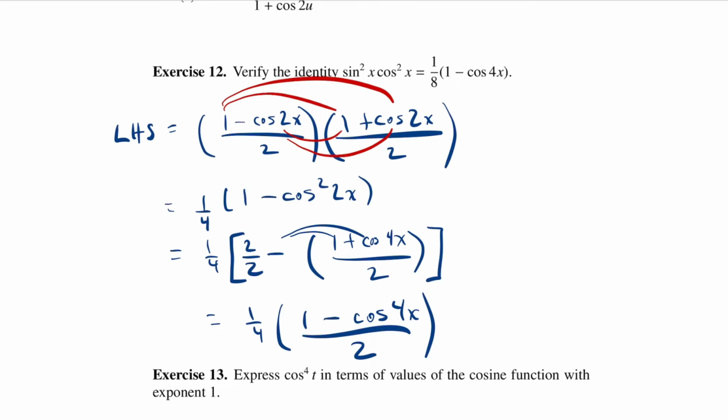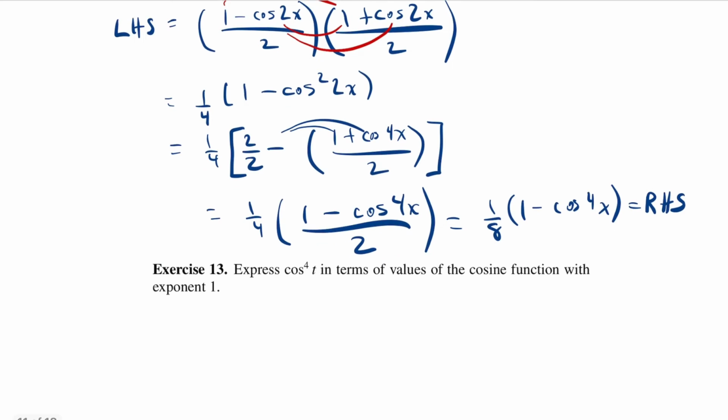All right, and now you can multiply these two denominators and get 1/8, and 1 minus cosine 4x, which is exactly what we needed that to equal. That is the right-hand side, so we're done.